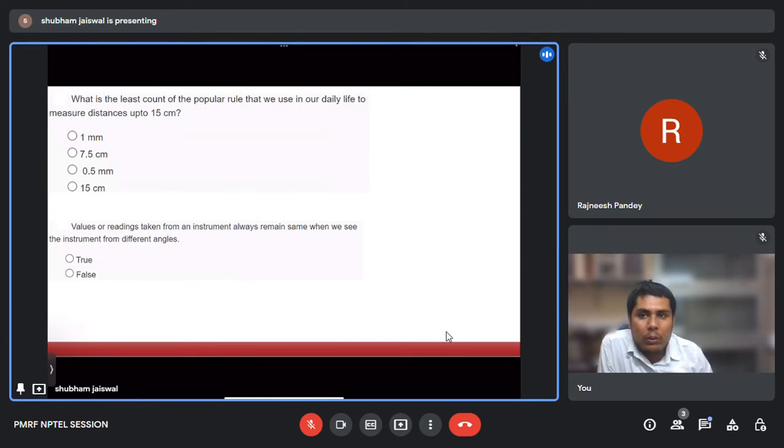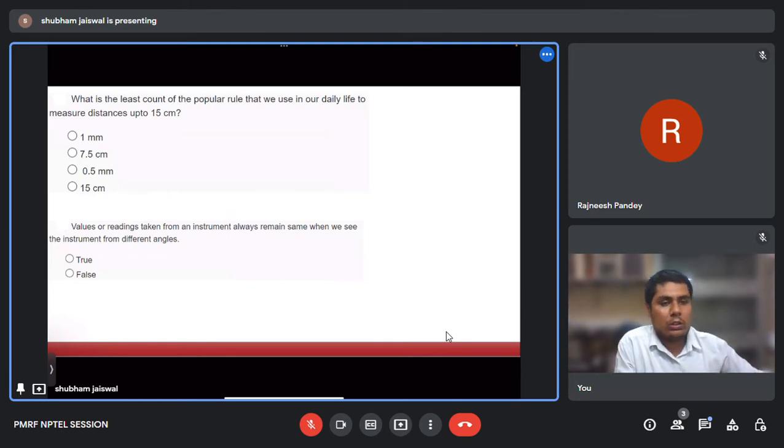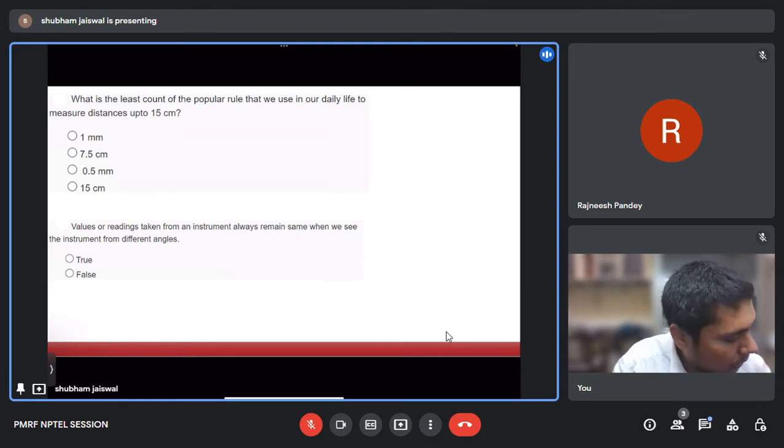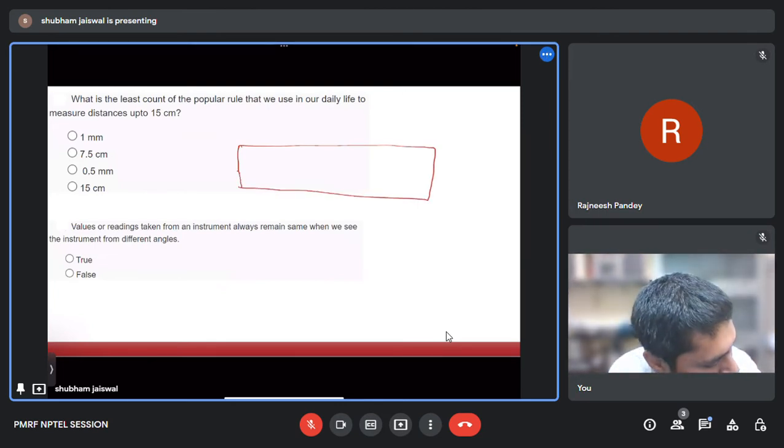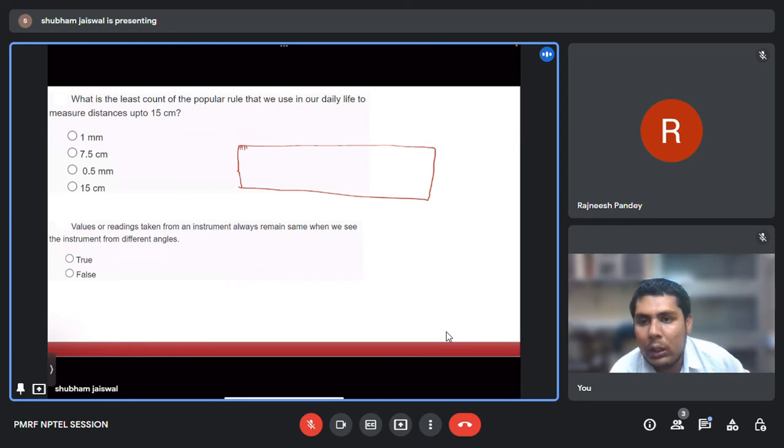The first option is 1 mm, second is 7.5, third is 0.5 mm, and fourth is 15 centimeter. Let me first draw the 15 centimeter scale schematic. As we all know, there are very small divisions, and after each 5 divisions there is one big line that shows 5 mm.